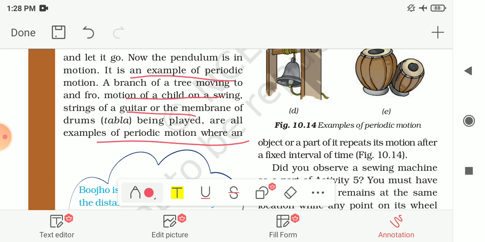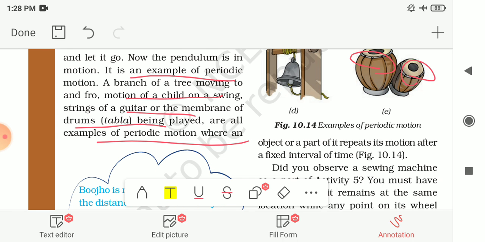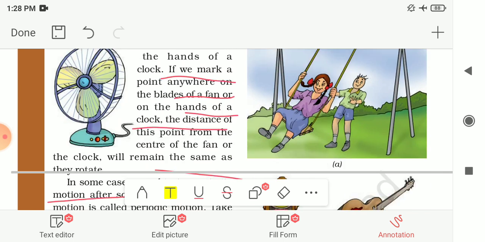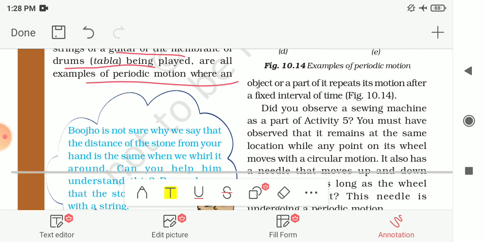And the string of a guitar, and the membrane of a drum being played, are also examples of periodic motion, where an object or part of an object repeats its motion after a fixed interval of time. These are all examples of periodic motion.